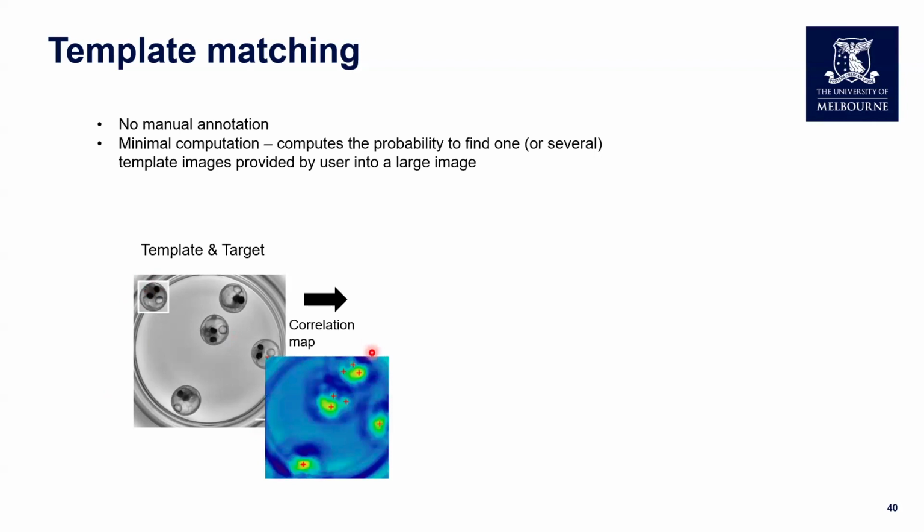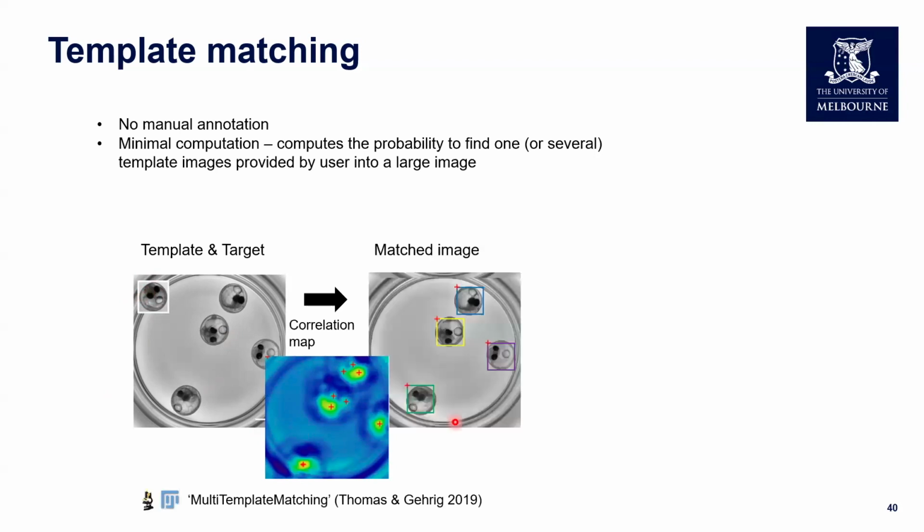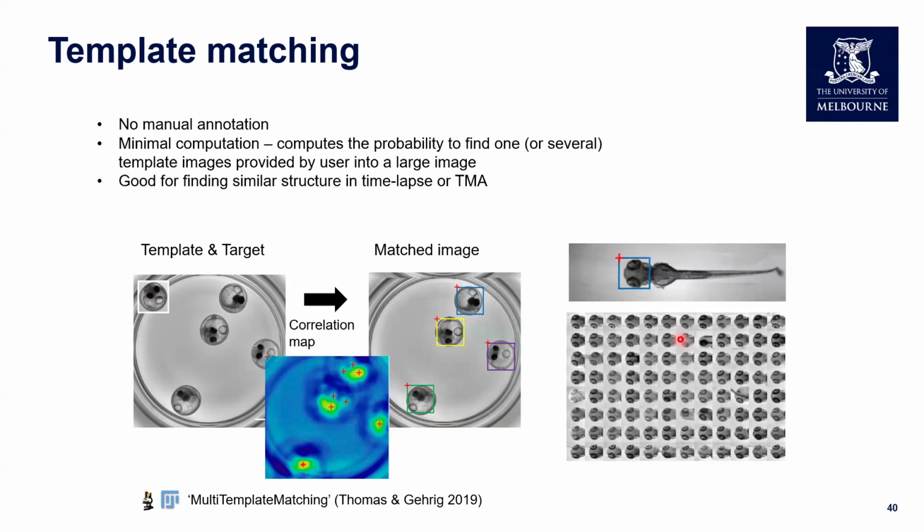Then the algorithm will calculate the correlation map between this template and target image and give you some candidates. So this method is particularly useful if you're looking for specific structures that are similar but repeated in many images, such as time-lapse or tissue microarrays. And also the good news is that no programming skill is required to use this plugin. You can just install the plugin in your Fiji.